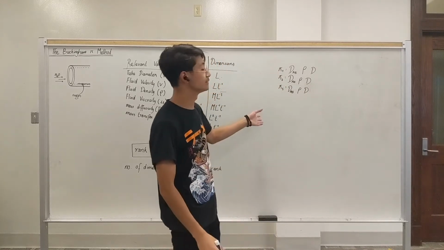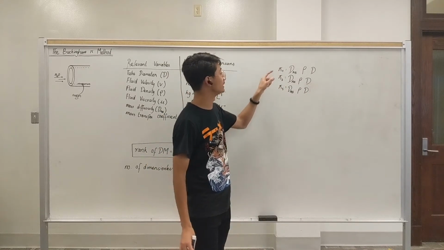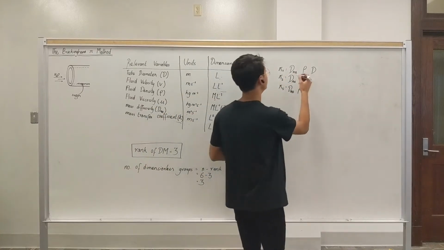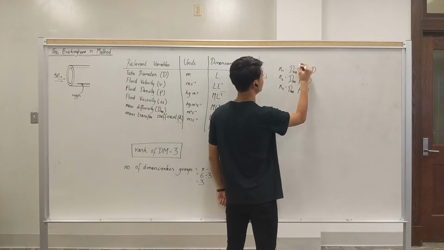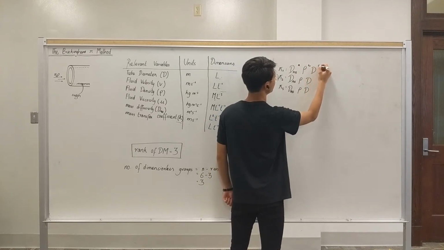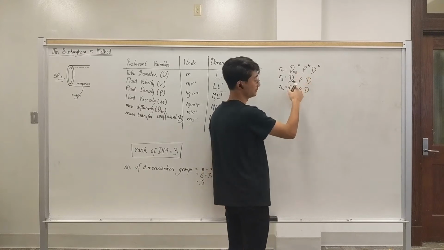Now, we can't just stop at this. We're going to have to raise each of these variables by a different power. So we'll raise the diffusivity here by A, density by B, diameter by C, and the power has to be different in all of these.